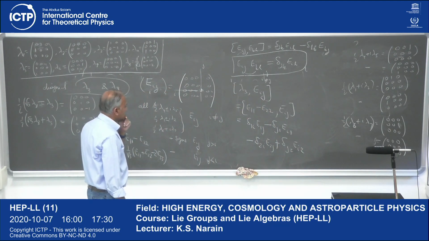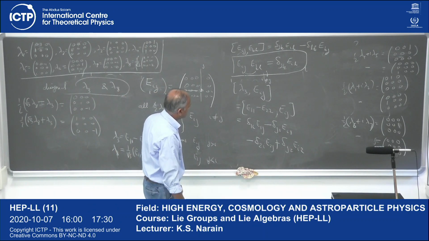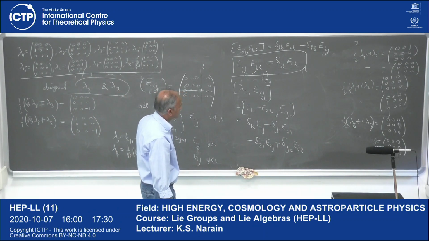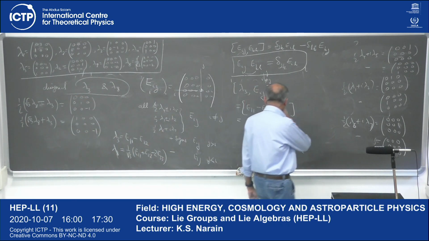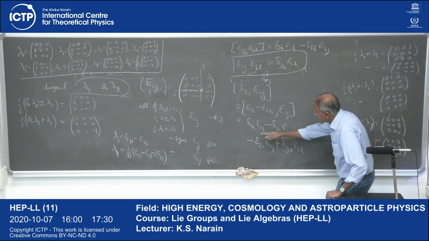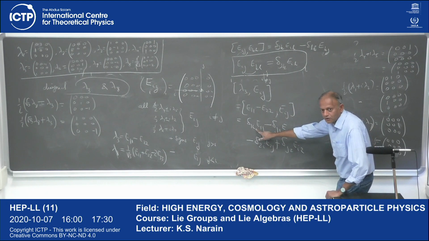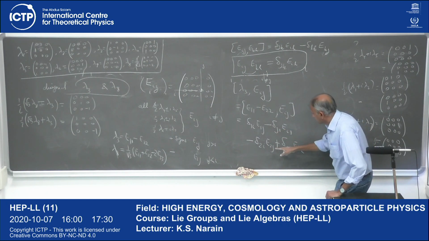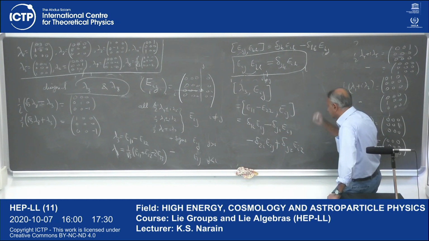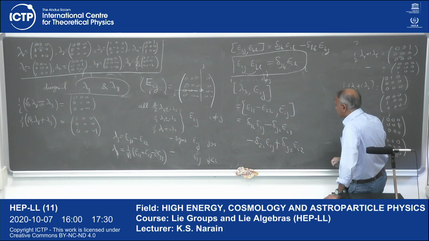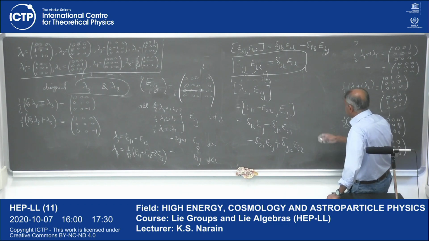Okay. So now what we want to show is that this is the same as something proportional to Eij. So let's see if it works. If i is not equal to 1, this is 0, no? So let's just take some special cases.